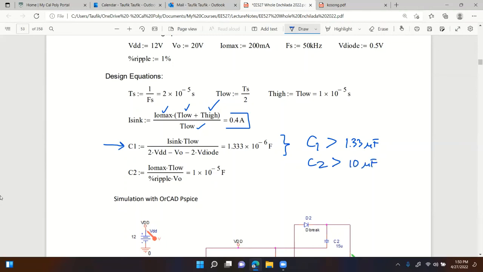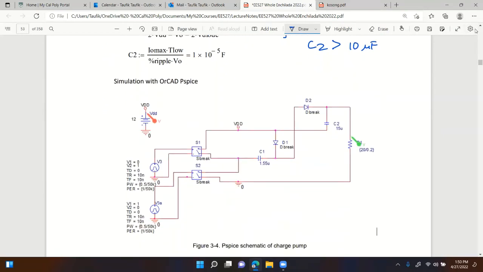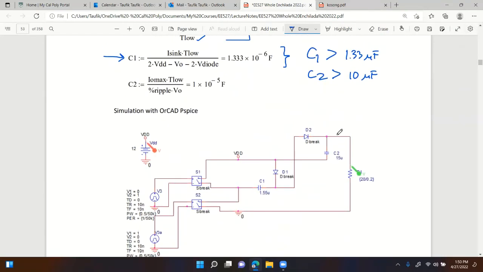All right. So I simulated this with PSpice. I used 1.55 for C1, and I used 15 microfarad for C2. If I'm not mistaken, the reason I came up with these values is because of the voltage, because I need to achieve 20 volts from 12.